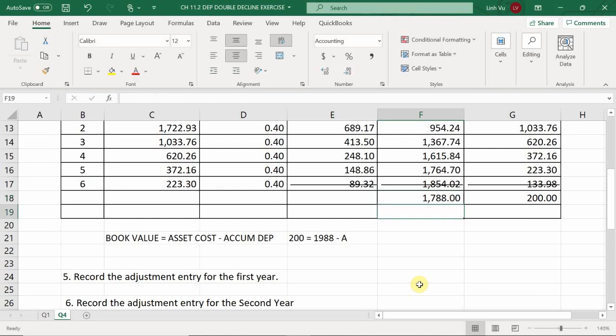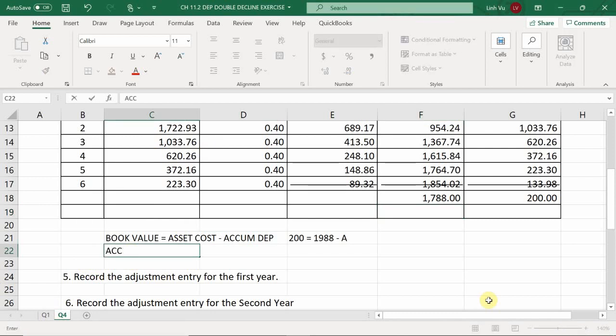1788, okay? Now we need to work backwards one more time, because the formula to solve for the accumulated related depreciation is equal to the previous year's accumulated depreciation minus the current year's depreciation expense.